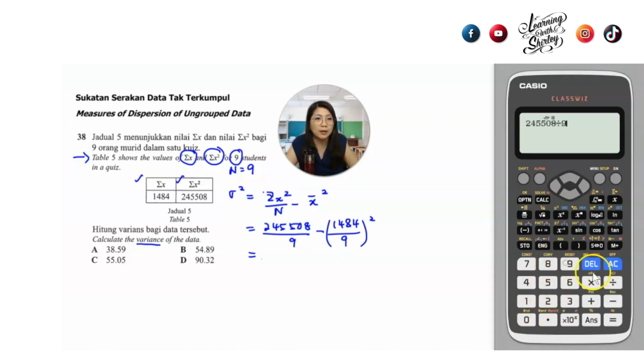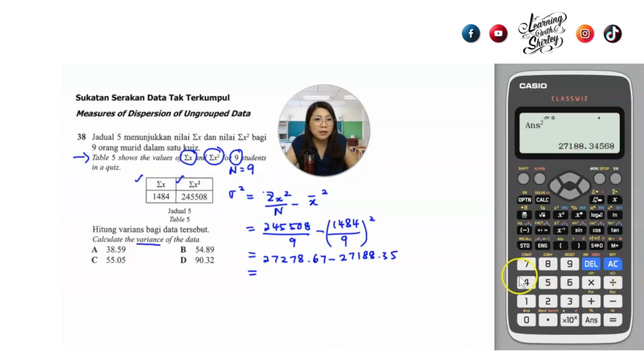245,508 divided by 9, and then we will get 27278.67 minus 1484 divided by 9, and then we square it. So we will get 27188.35.